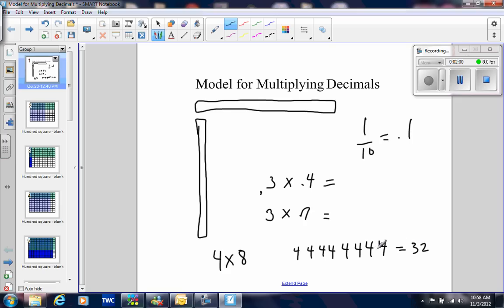We get a bigger number because we took all of these and added them together. But when you multiply times decimals, the opposite is true. You're actually getting a smaller answer when you multiply times a decimal and multiply times a fraction. So I'd like you to see that as we continue with models. Alright, let's get to it then.